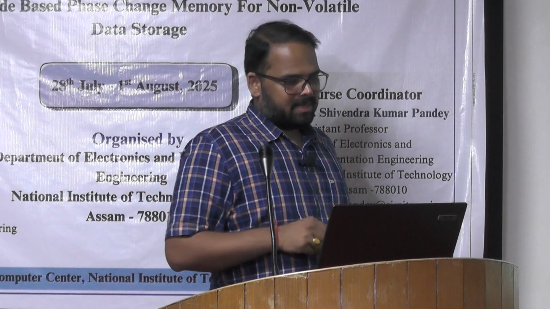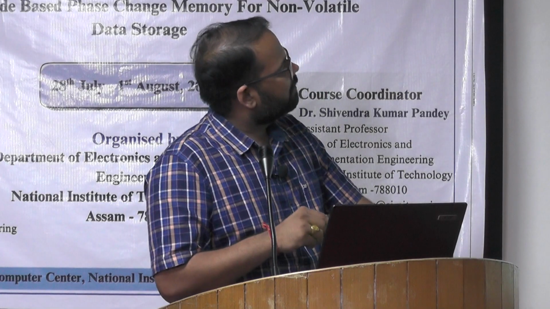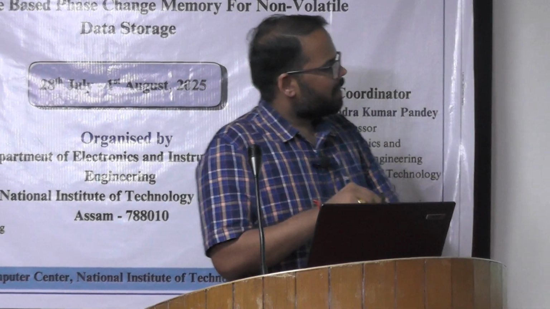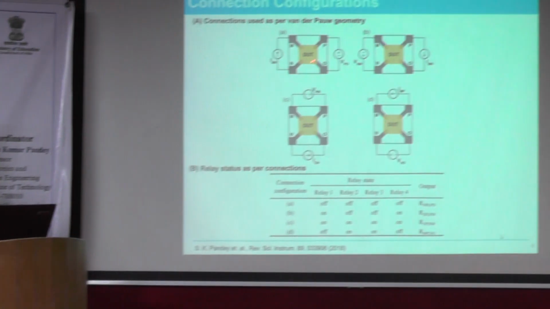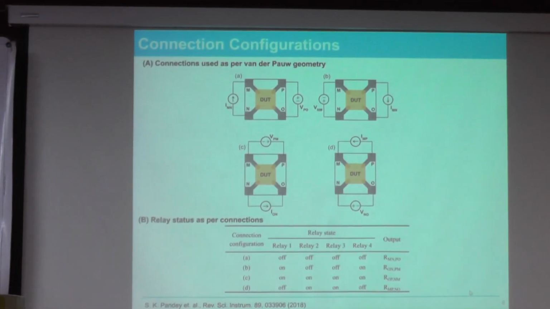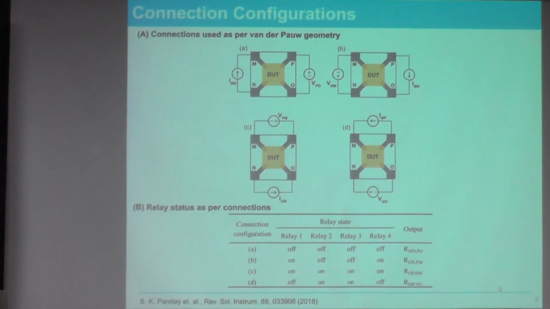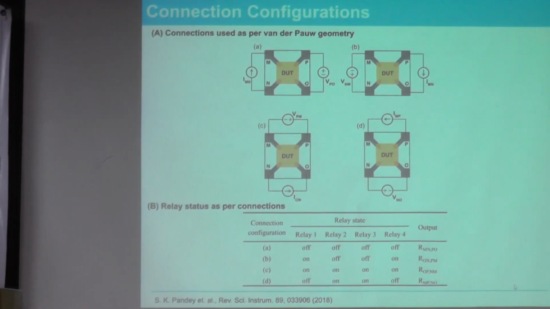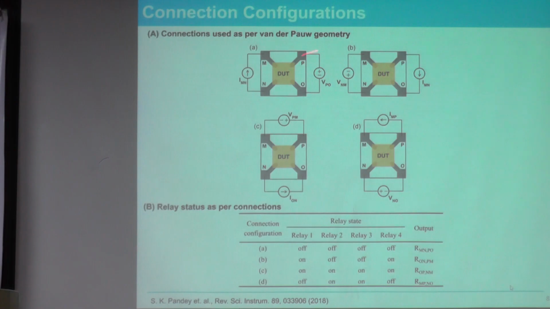And then if we try to figure out the connection configuration, it's 4 configurations. You can enhance this 4 into 8 also. So 4 values you can average out, and then the remaining 4 you can average out, and then you can directly get this value. Here 4 configurations are identified, where you can see how it is programmed.